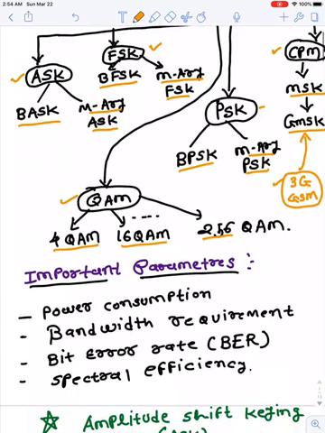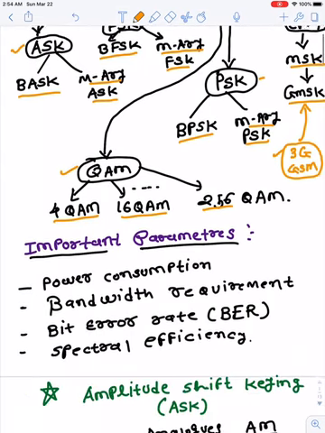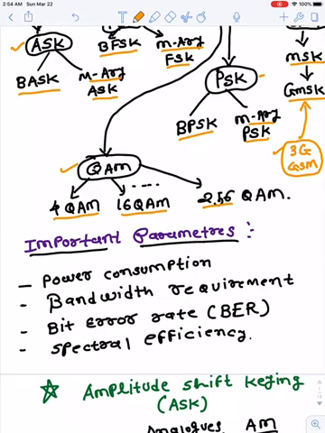We will learn about the various important parameters during the discussion of each and every modulation scheme. They are the power consumption, how much power is consumed of various modulation scheme. Then we will see about the bandwidth requirement.